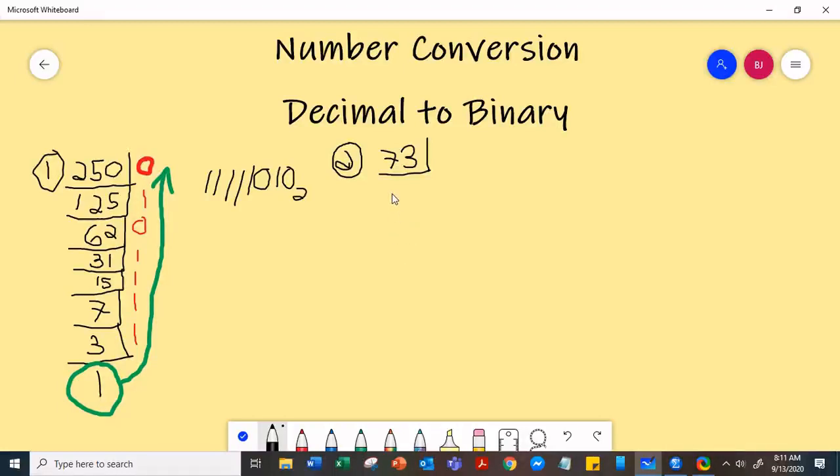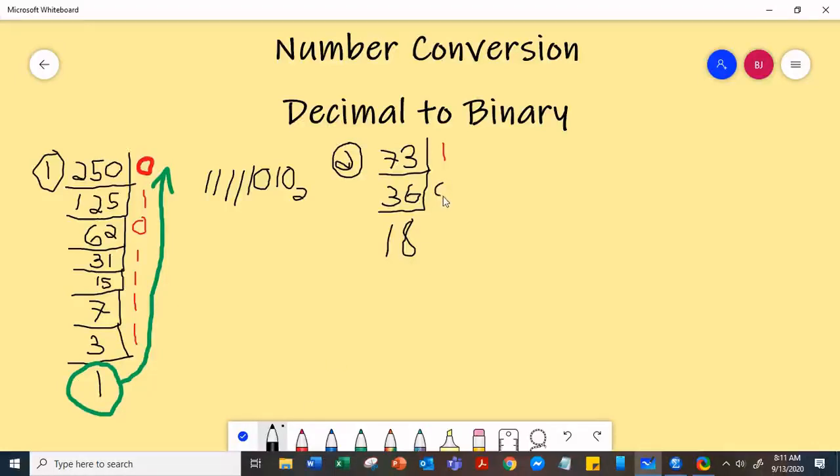73 divided by 2 would be 36, I think. Hopefully I don't get this wrong, as it would look stupid on camera. Okay, so remainder 1. 36 divided by 2 would be 18.